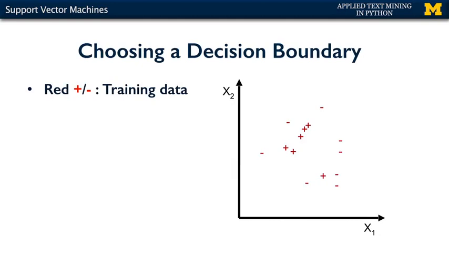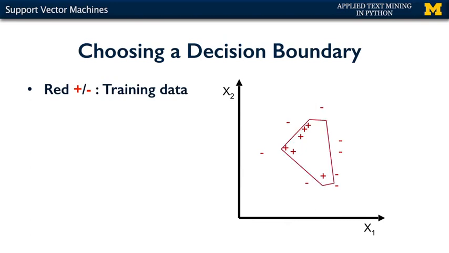But when you're choosing a decision boundary, there are other factors that should be considered. Let's take another example where you have positive and negative points. Positive is one class, negative is the other class, and all the red positives and negatives define the training data that we have. Looking at this data, you could learn a boundary like this.